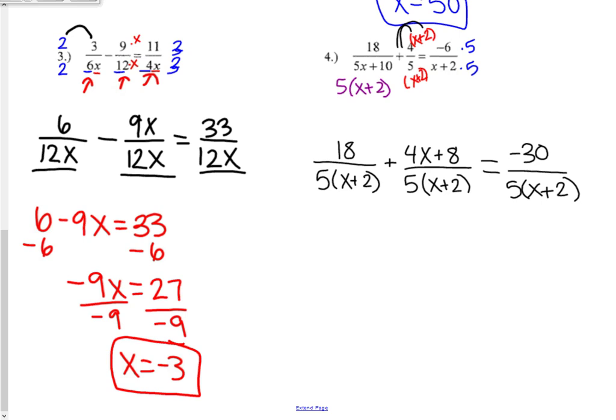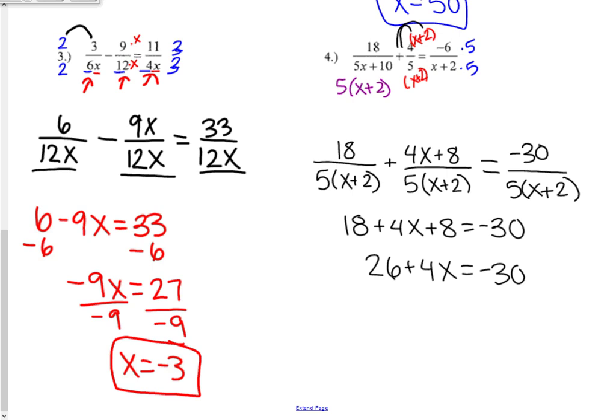Our denominators are the same everywhere, so I'm going to rewrite this as 18 plus 4x plus 8 equals negative 30. Combining my like terms, I have 26 plus 4x equals a negative 30. Subtract 26 over, and 4x equals a negative 56.